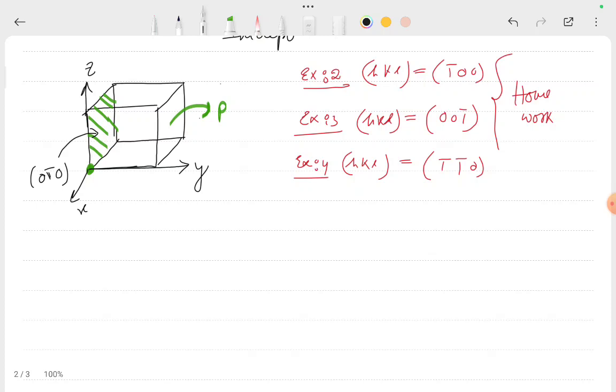Here the intercepts are -1, -1 and infinity. This is the intercept. Now using these intercepts we are trying to sketch it.